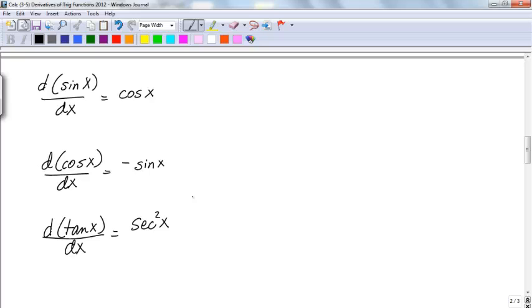Okay, then look at the reciprocals. The derivative of cosecant. Remember, cosecant is the reciprocal of sine. The derivative of cosecant is a negative cosecant of x cotangent of x. Then the derivative of cosine is secant.